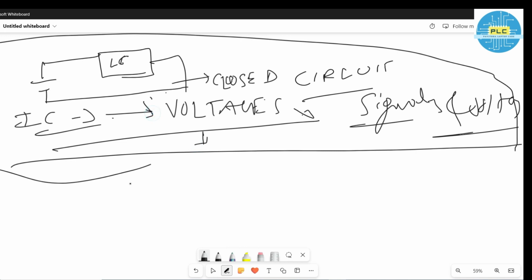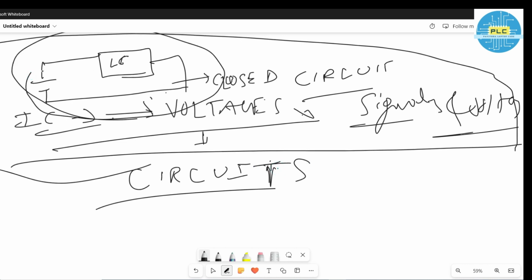I am telling you about circuits. Circuits are nothing but loads. The complete loop is nothing but a circuit. There are multiple circuits in a laptop motherboard.